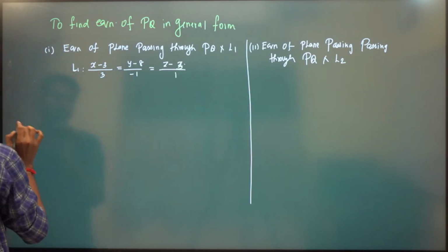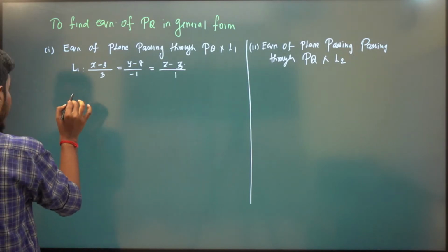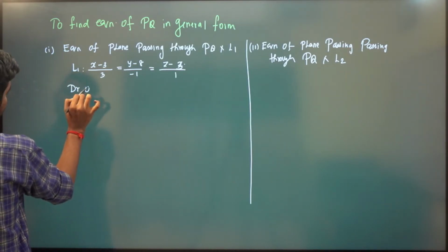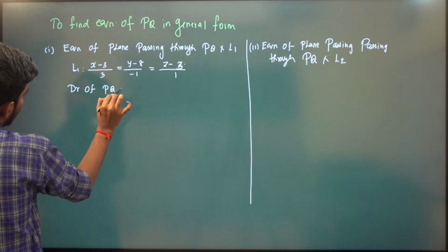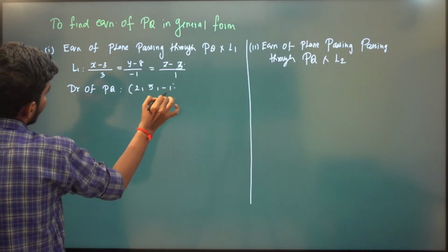This is the line L1. We don't know PQ, but we know the direction ratio of PQ, which is 2, 5, 1.